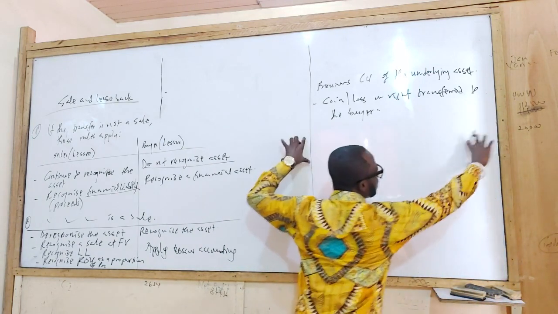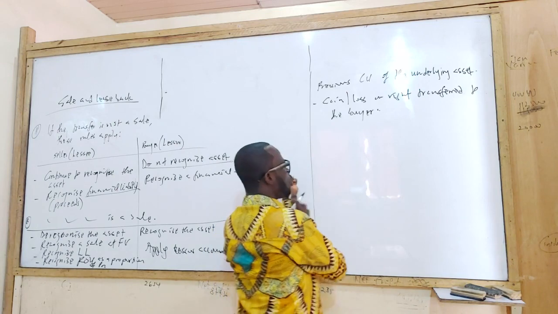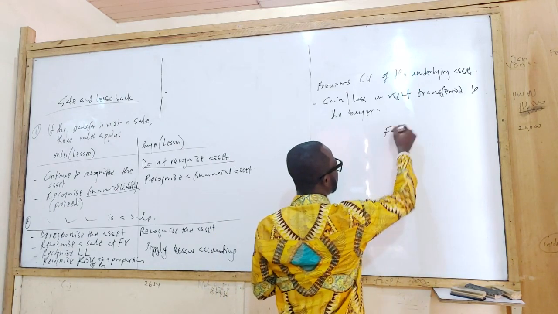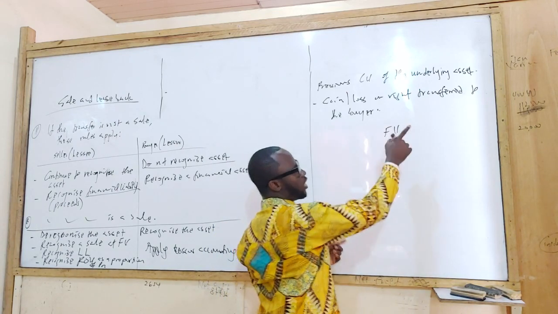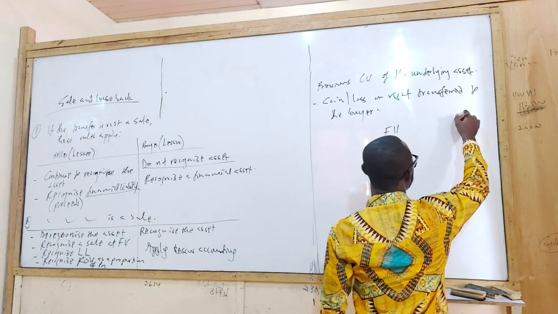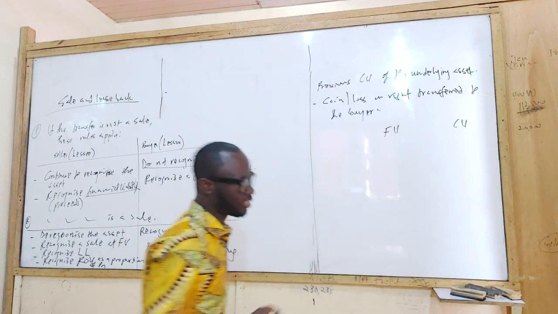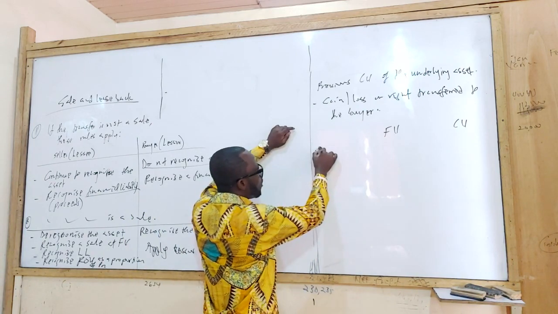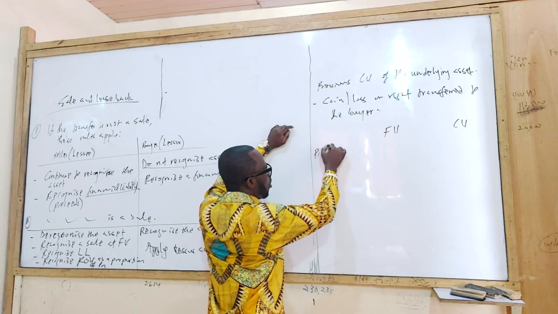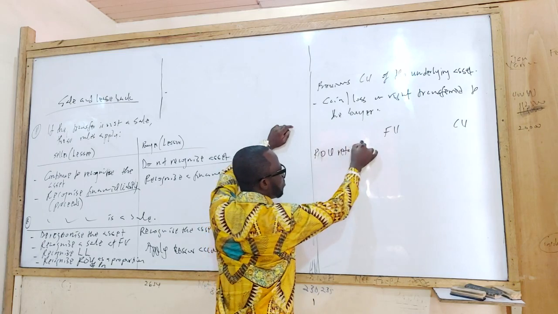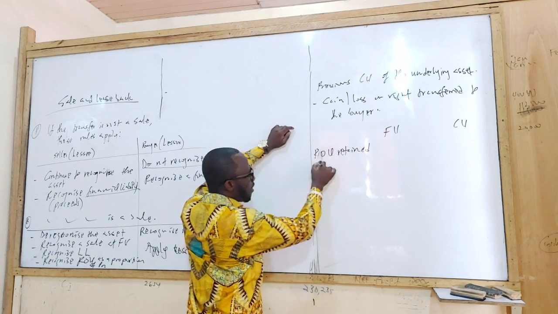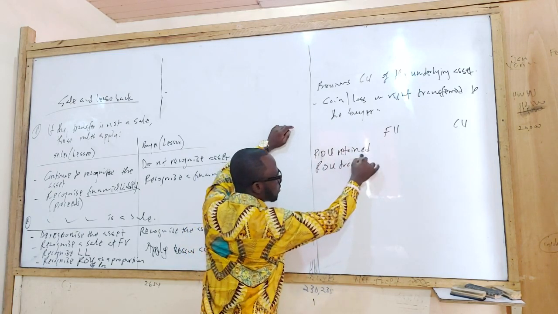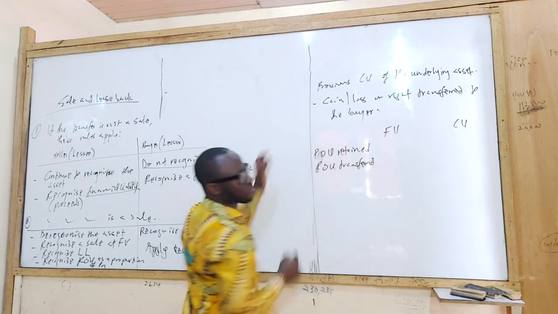So, there is a schedule that we're going to be doing. On one side, there's going to be the fair value of the assets. On the other side, there is going to be the carrying value of the assets. Then we're going to have two things: the right of use retained by the company, and then the right of use transferred.